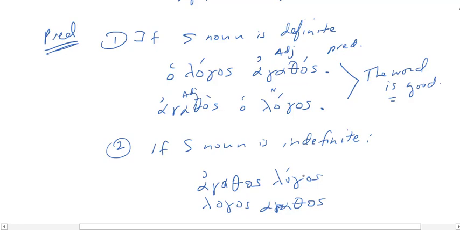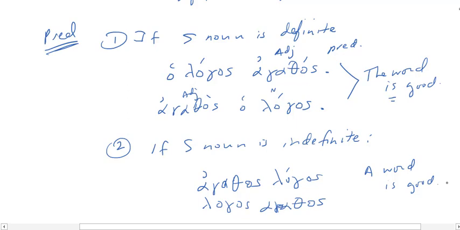Okay? The noun's not definite here. The noun's not definite here. My predicate use of the adjective could go either place, by the way, right? Notice it came after the noun here. Second one, it came before the noun. Same here, okay? I could translate both of these as a word is good.